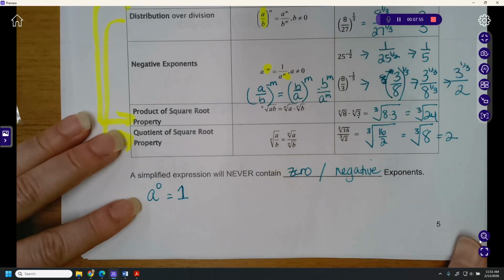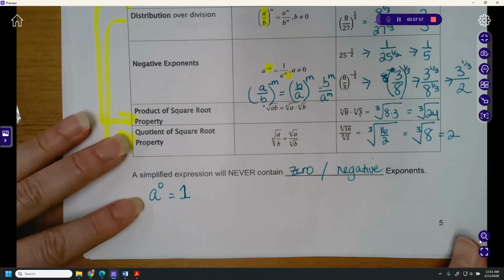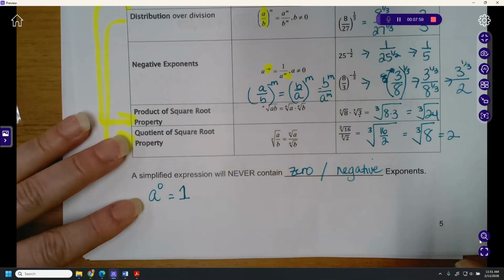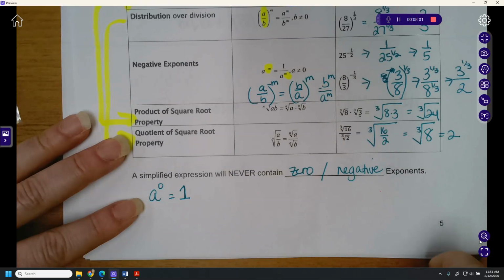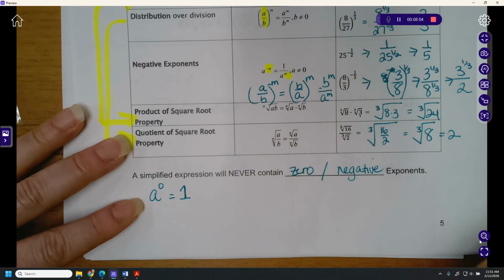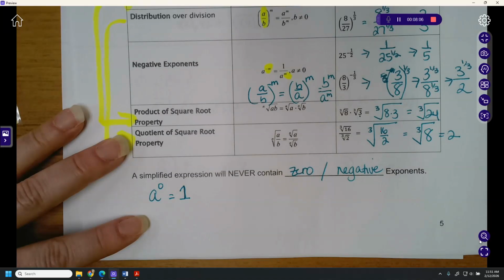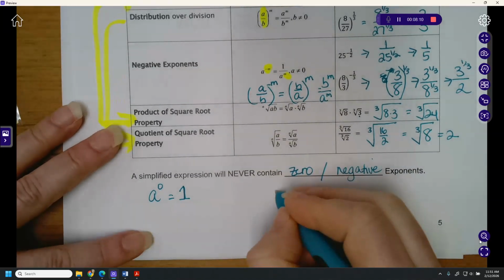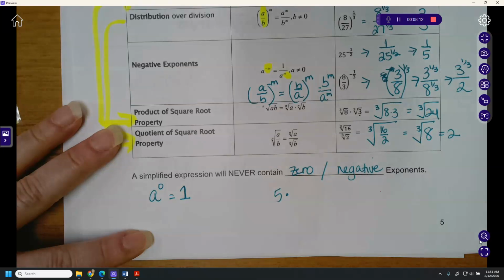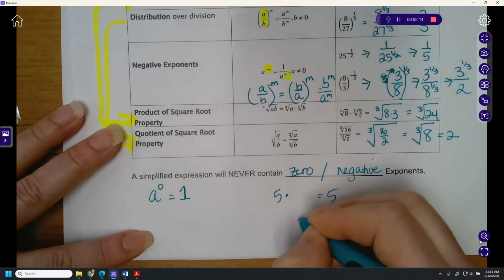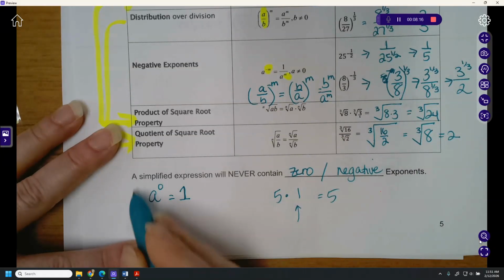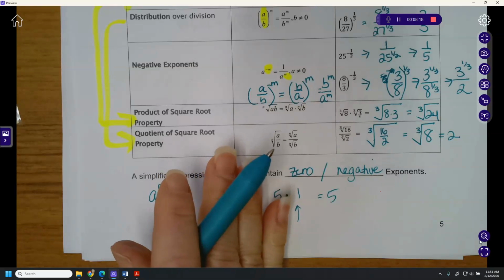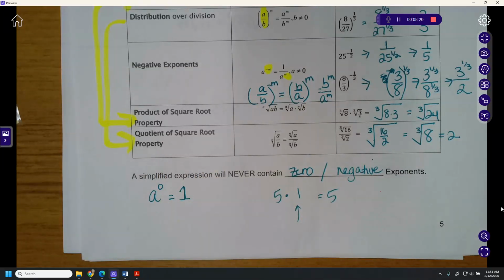It represents the identity in multiplication. An identity is what would you multiply by that would not change what you're multiplying by. Sorry, that didn't come out right. So in other words, if I had 5, what would you multiply 5 by that would still give you a 5? It's 1. Exponents are repeated multiplication, so therefore I would need the identity to be 1.